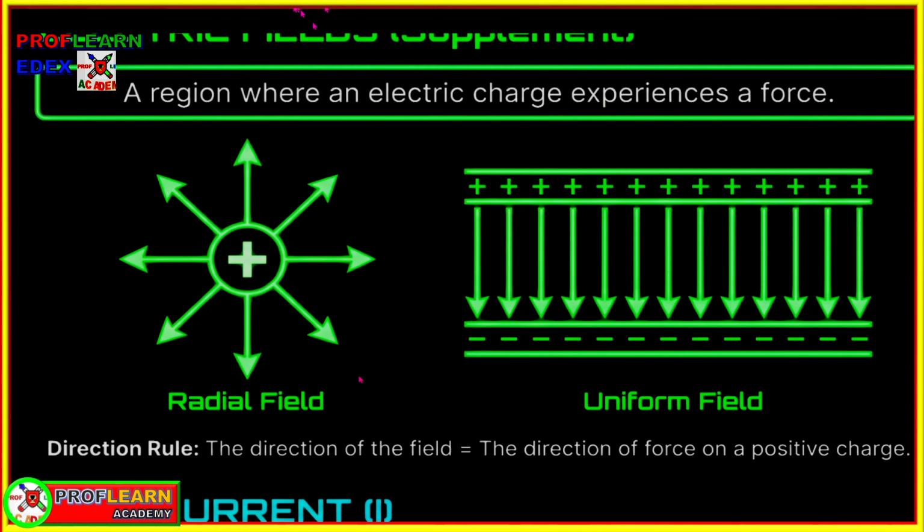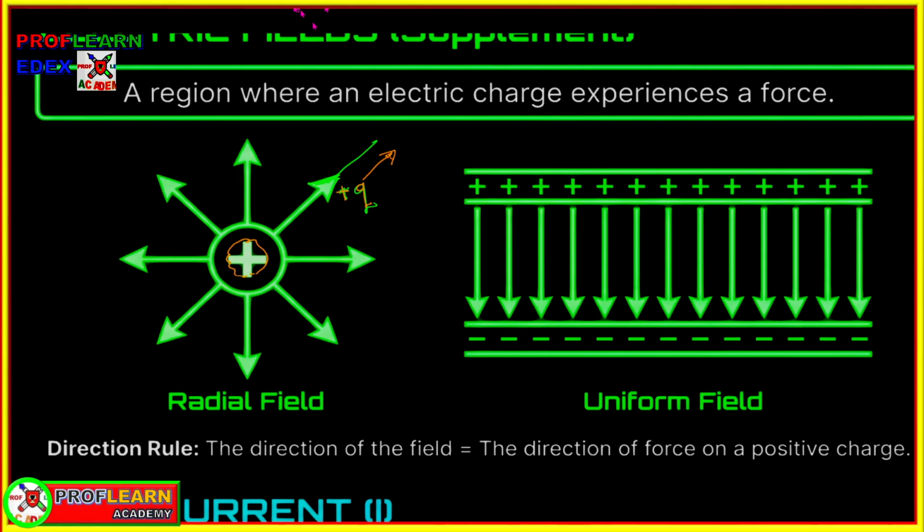So if you have a positive charge, the direction of the field will be pointing outwards, because this arrow indicates the direction a positive test charge will move if it's brought close to this charge. Since this charge is positively charged, if you bring a positive test charge close to it, it will be repelled. It will be moving in that direction, and that is exactly what this direction indicates.